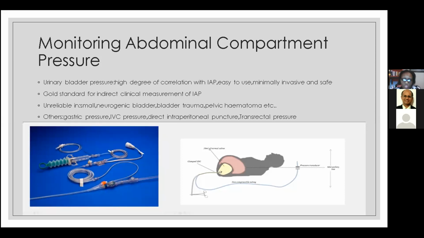I'll also explain this later, but as I mentioned, we are now using the mid-axillary line to zero the transducer, and the saline that is recommended, they say it's now 25 mils, but they don't mention exactly why these have changed.